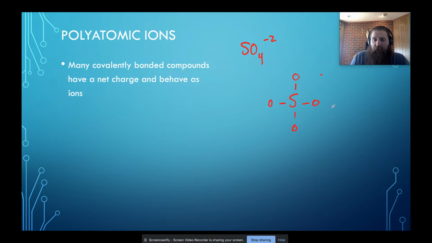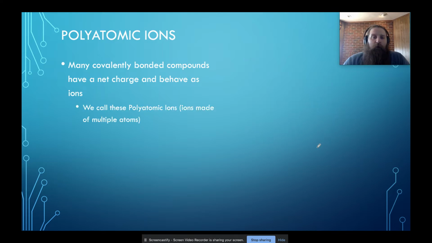It's a Lewis diagram, and we'll learn more about Lewis diagrams when we do bonding soon. On this molecule, overall, there is a -2 charge. So even though this is not an ionic compound, it acts like an ion. It has this -2 charge. So we call those the polyatomic ions.